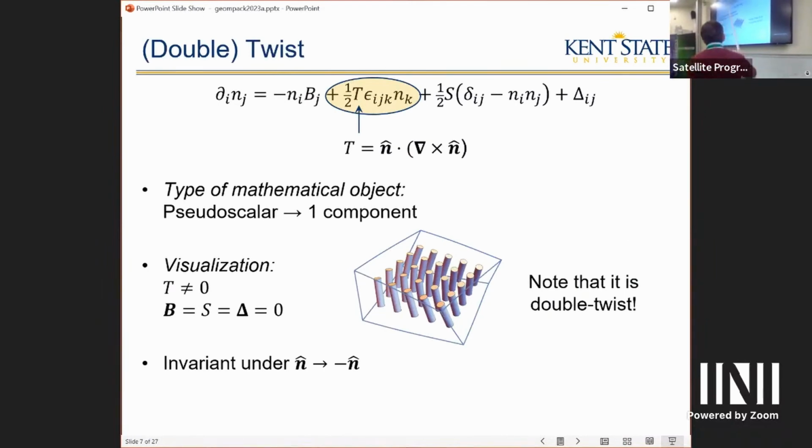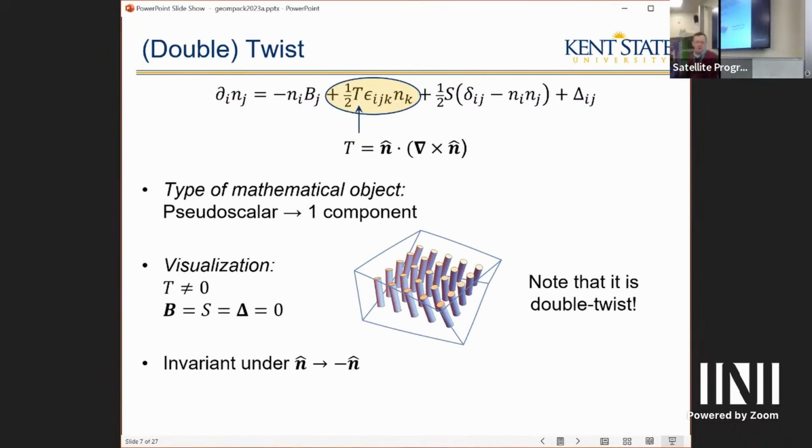Okay. The next piece here is called twist. Okay, and it is defined as n dot curl n, and it looks like this. Okay, so this is a structure where the director is going back and forth like this, and it's the same all the way around.